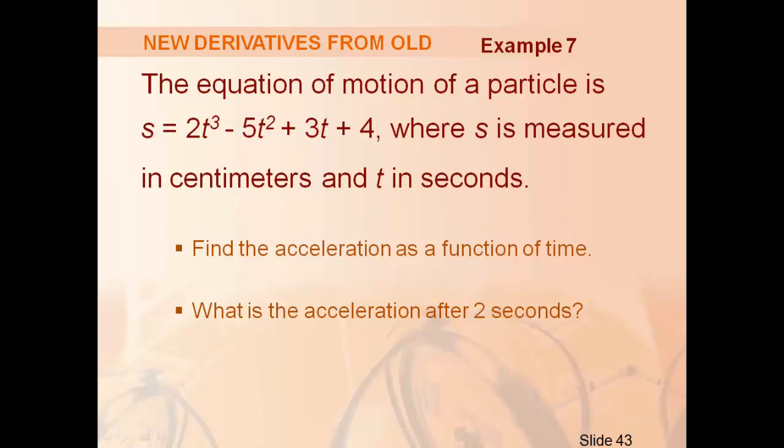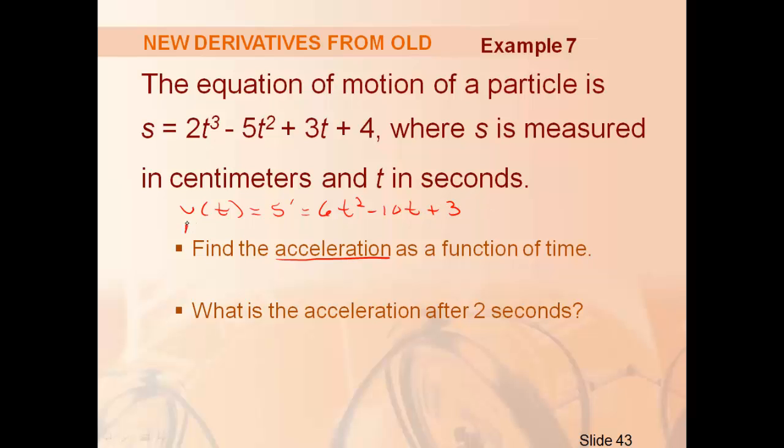The equation of motion of a particle is given here, and they ask us to find the acceleration as a function of time. And we've discussed previously that acceleration would be the second derivative of position. So if s is given here, then the derivative of s would be the velocity, which would be 6t squared minus 10t plus 3.